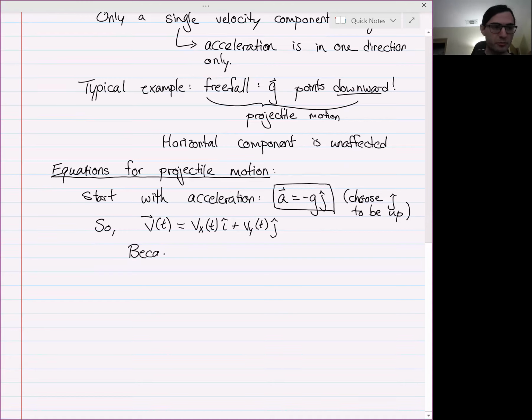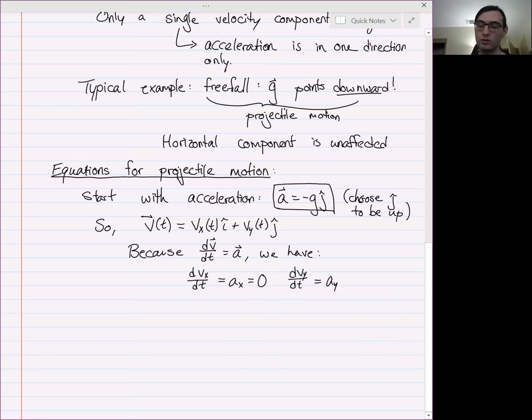Because dv/dt as a vector is equal to the acceleration vector, we have the following statements. dvx/dt is the x component of the acceleration, and we know that is 0. Similarly, the time derivative of the y component of the velocity is equal to the y component of the acceleration, and that's equal to negative g, because the y component is the stuff that multiplies j hat. And then we integrate.